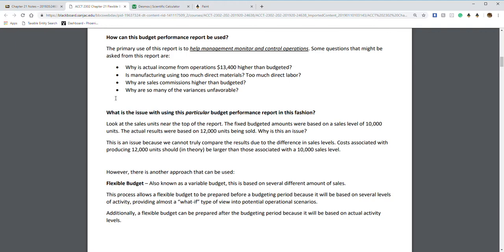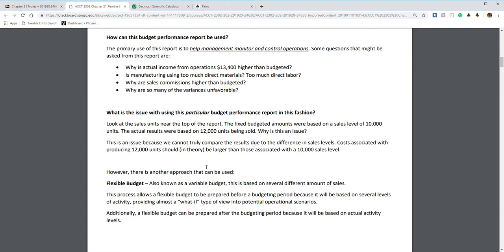Did manufacturing use too much direct materials, too much direct labor? Because those had a higher expense than budgeted. Why was sales commission higher? Why are there so many unfavorable variances? And that brings up that issue.